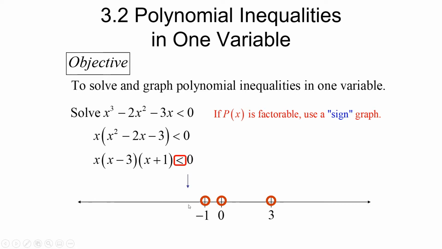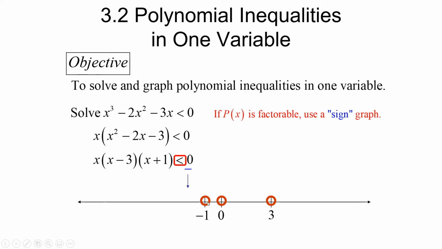If I use x equals negative 2, that would be negative, and then negative 2 minus 3 is negative, and then negative 2 plus 1 is also negative. So if x equals negative 2, or any number in this interval, I have a negative times a negative times a negative, which is a negative. Put a minus above that.